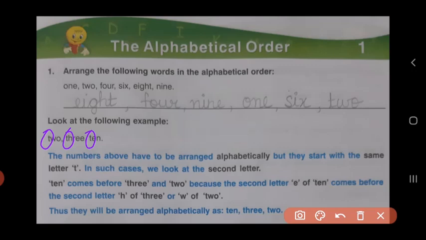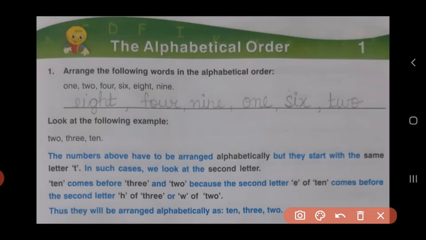Now what do we do? Whenever the words start with the same first letter and you have to arrange them in alphabetical order, do the next step. Look at the second letter. So let me see the word 2.